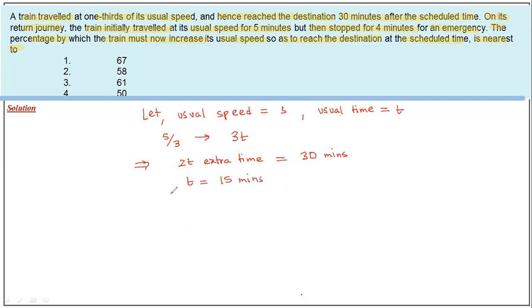Now while returning, out of these 15 minutes, 5 minutes the train traveled at its usual speed.